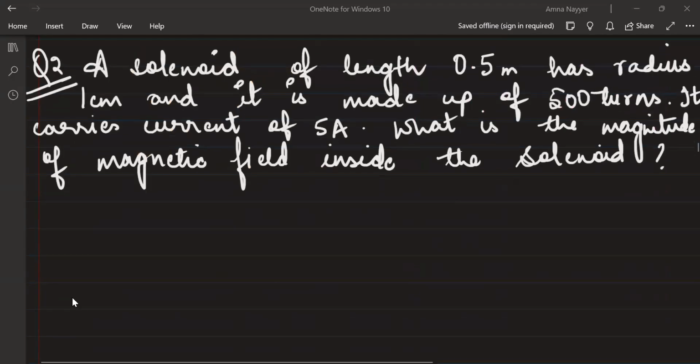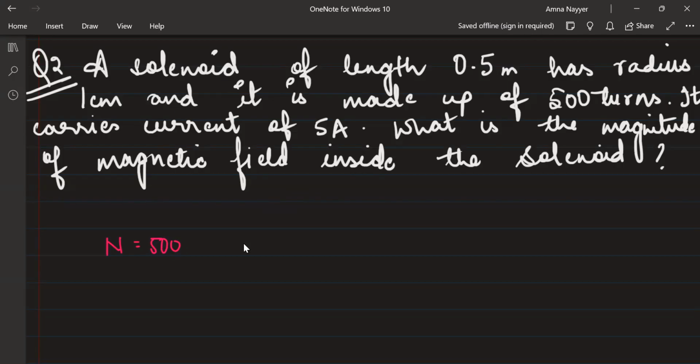Here, just tell me, what is this 500? Ma'am, N. N small or capital N? Capital N, yes. So here we have capital N given as 500.